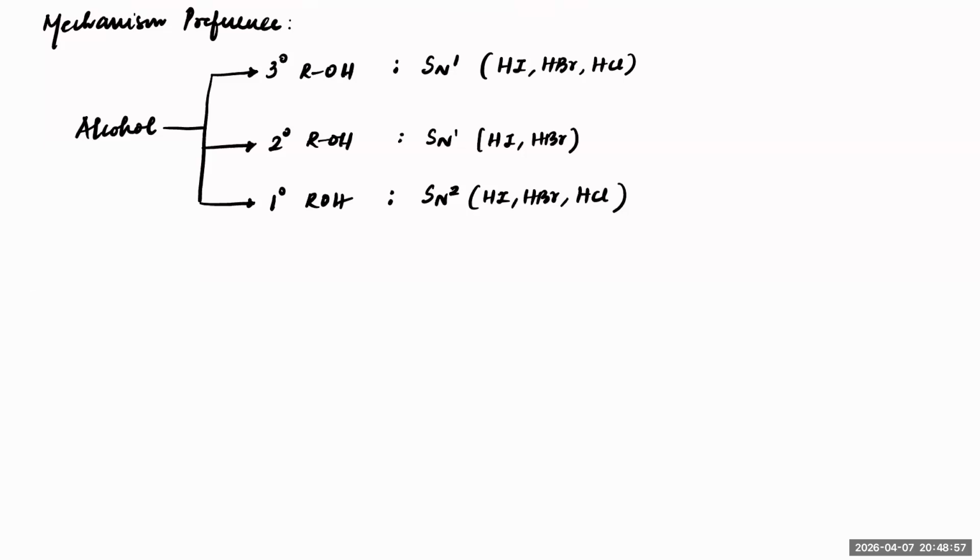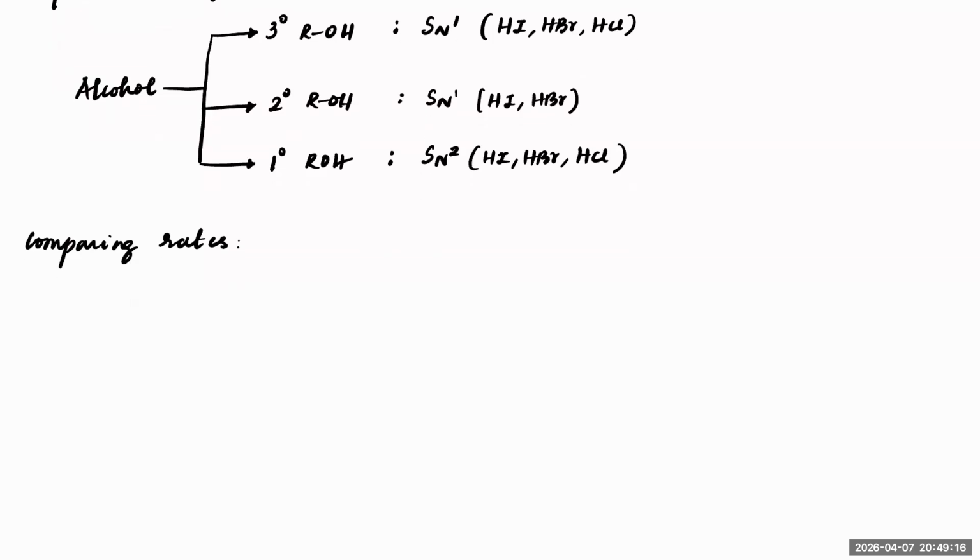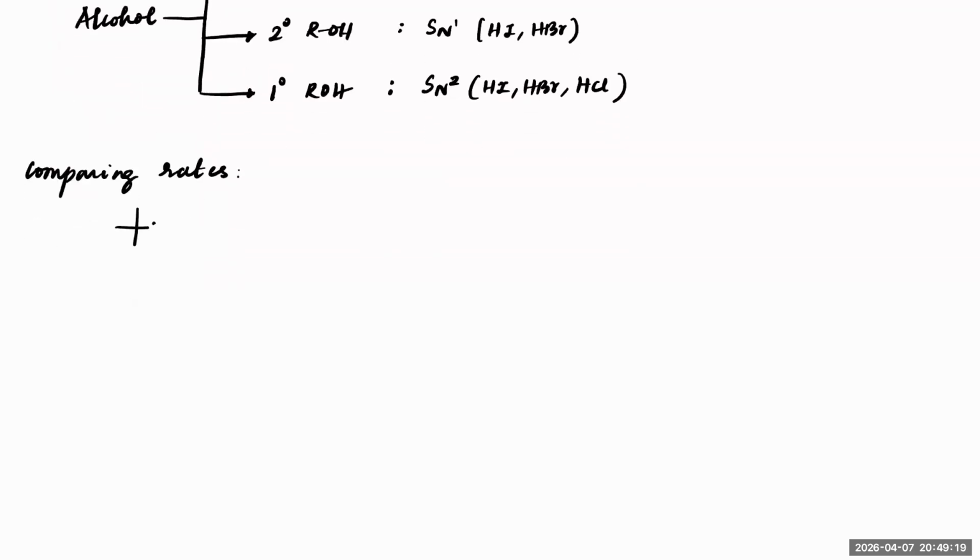So if you compare the rates now, comparing rates: when it comes to 3 degree alcohol with HI, let's say this is happening with rate R1.